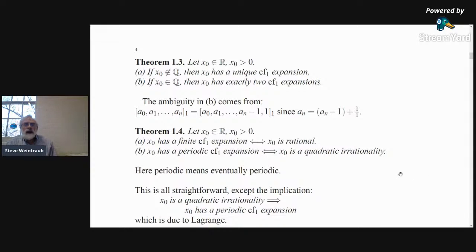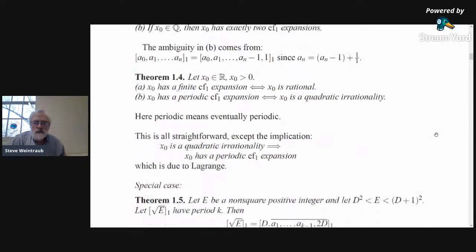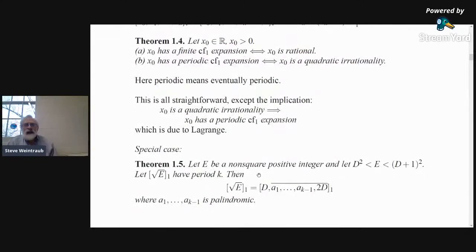Now, I said this works for any positive real number, and in fact, any quadratic irrationality has a periodic classical expansion with numerator 1. But instead of looking at an arbitrary quadratic irrationality, let's look at a particular one. Suppose we look at a non-square positive integer e. The square root of e is a quadratic irrationality.